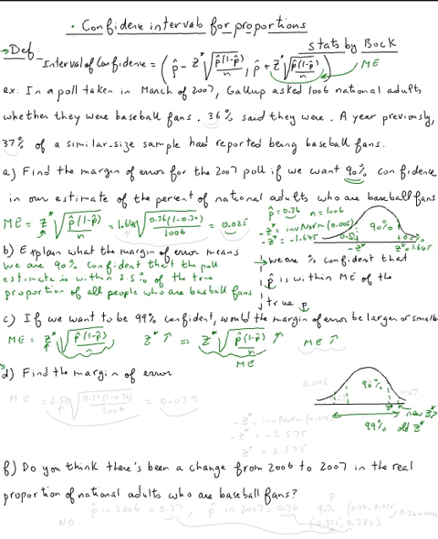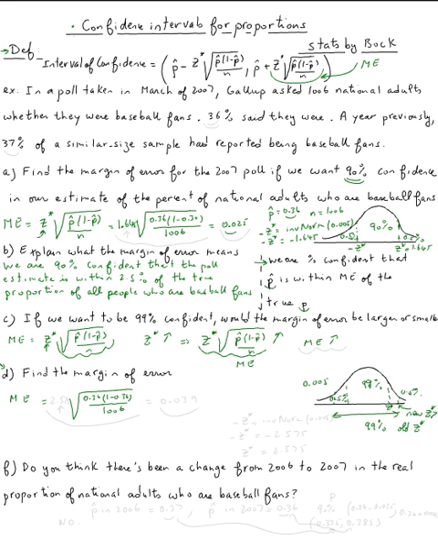So they want you to find the margin of error. We can even calculate it now, and you'll understand what we're talking about. What's the difference here? Square root of 0.36 times (1 minus 0.36) over n did not change. The only thing that changes is z star. Now remember, for 99%, this will be 1%, 0.5% on each side, which is 0.005.